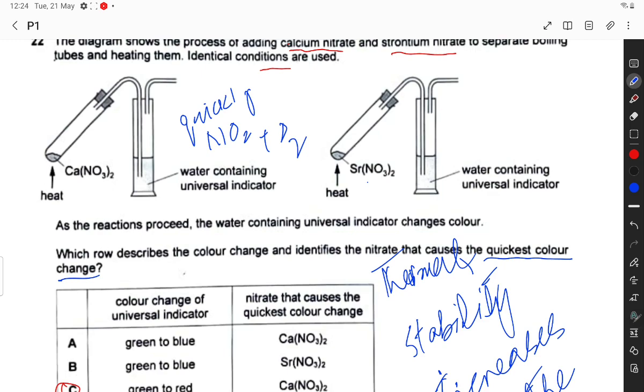We know that thermal stability of group 2 nitrates increases down the group.